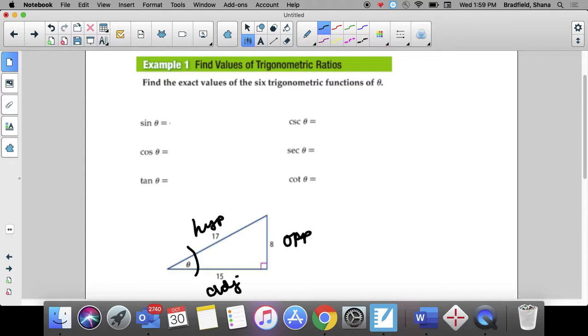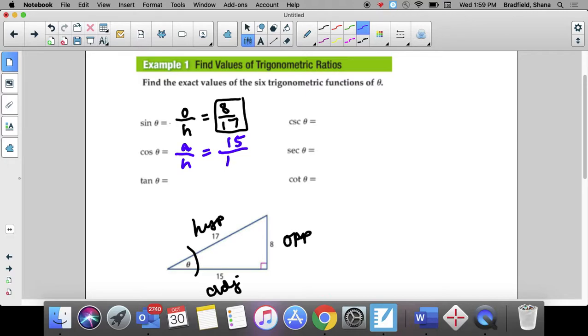So sine is opposite over hypotenuse. The opposite side was 8, and the hypotenuse was 17. So sine of theta is 8/17. Cosine theta is adjacent over hypotenuse. The adjacent side to theta was 15.